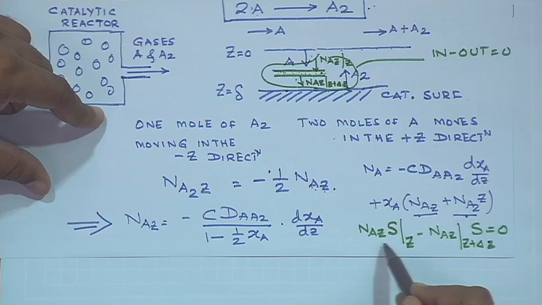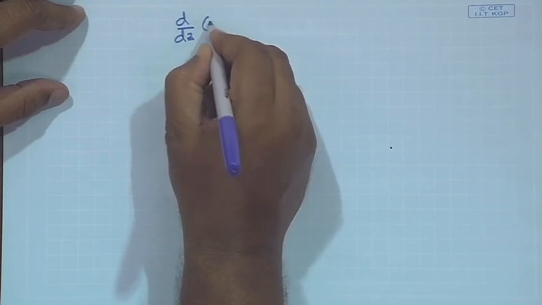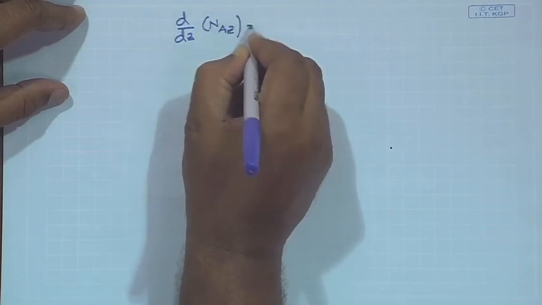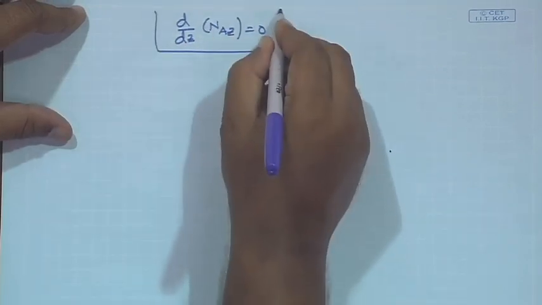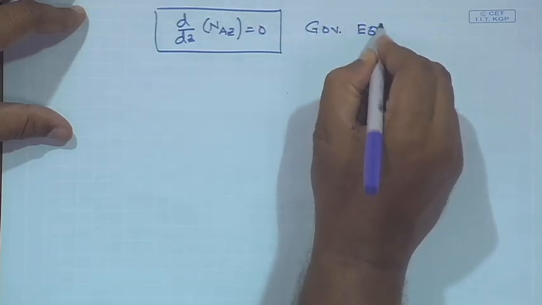So, you can divide both sides by delta z, and the governing equation out of this would simply be d/dz of N_AZ is equal to 0. So, this is the governing equation for the modeling exercise which we are doing.